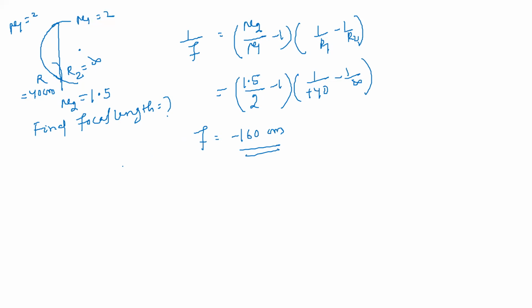Let's go to another example. The focal length of a convex lens in air is 10 centimeters, students. He's saying the focal length f of a convex lens in air is 10 centimeter.